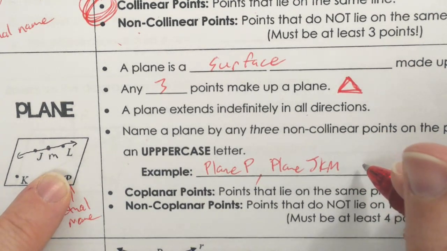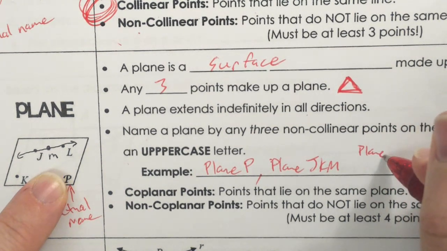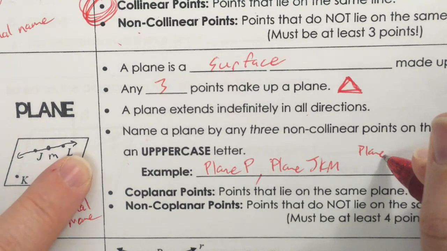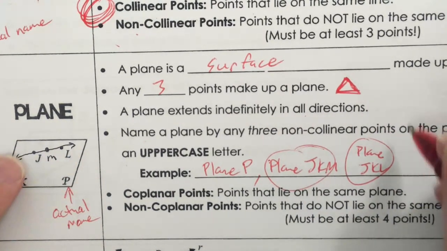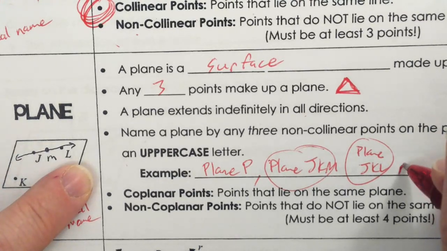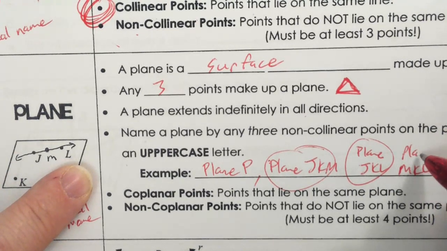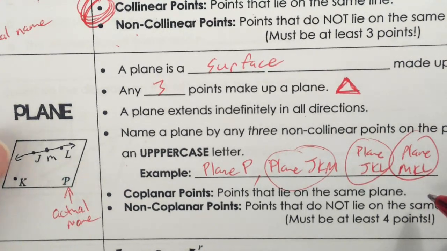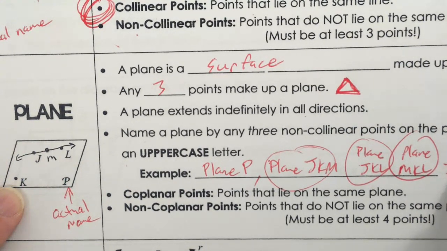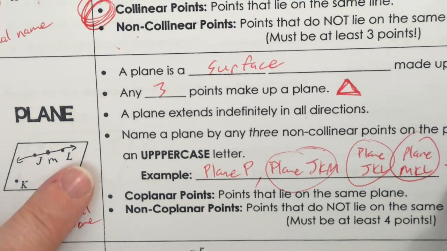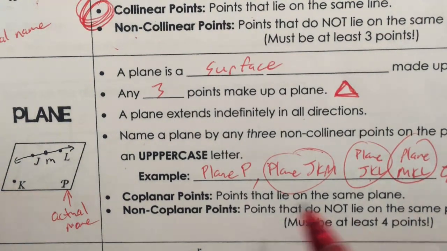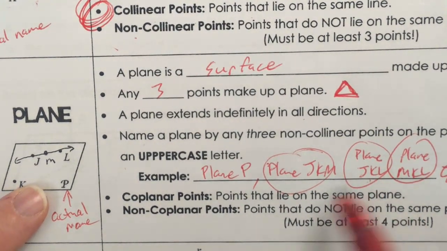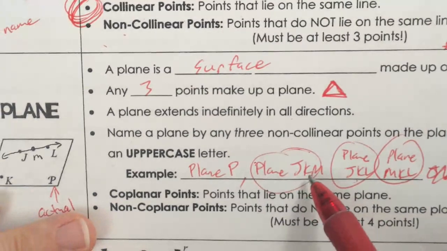That's one. We would just keep saying plane JKL. That's another one. We can say MKL. JLK, I think I already did that one, because it's any combination of those letters.